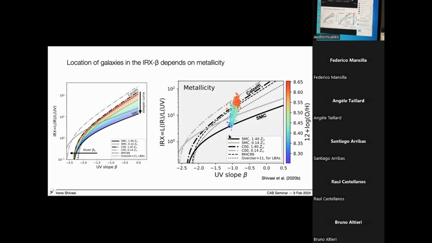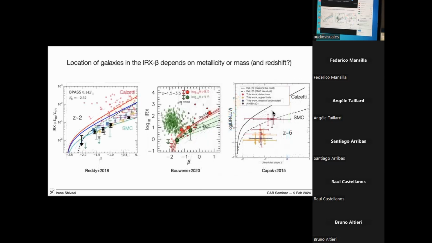As you go to lower metallicities, you get closer to steep attenuation curves. This has also been seen in the IRX beta diagram as a function of stellar mass, that lower mass galaxies tend to lie on the part of the diagram that is favored by steeper attenuation curves, which is likely due to the metallicity content. It's a byproduct of the mass metallicity relation.